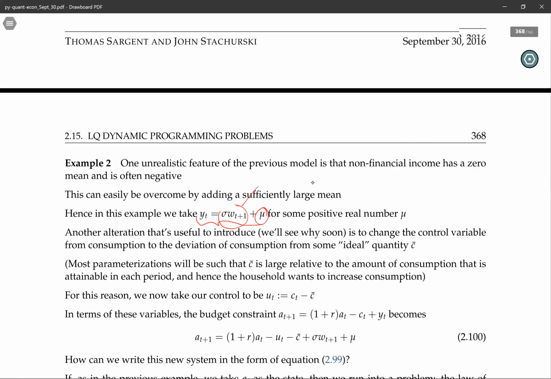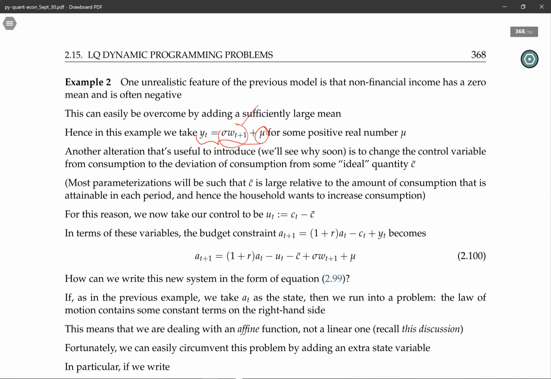And now we're going to write down a utility function and a control. We're going to define a control as being your consumption minus some level c bar. And I'll tell you what c bar is going to be later.